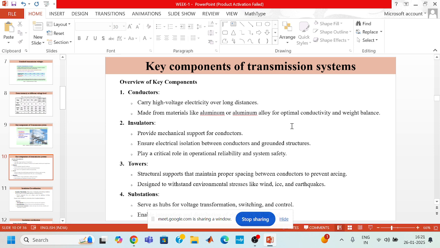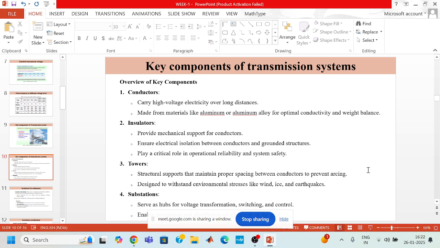Next are towers. Towers are used for structural support that maintains proper spacing between conductors to prevent arcing, and are designed to withstand environmental stresses like wind, ice, and earthquakes. Next are substations.